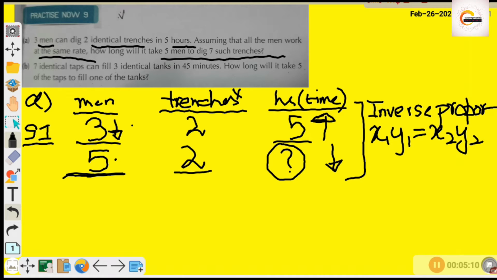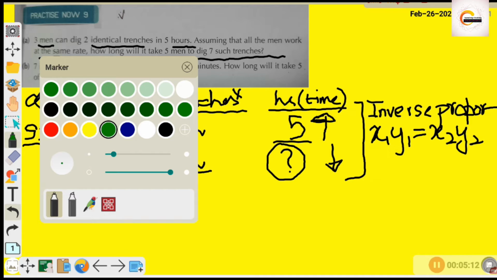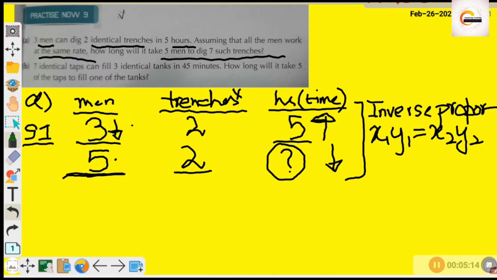So let 3 be x1 and 5 be y1, and 5 be x2, and our unknown value will be y2.